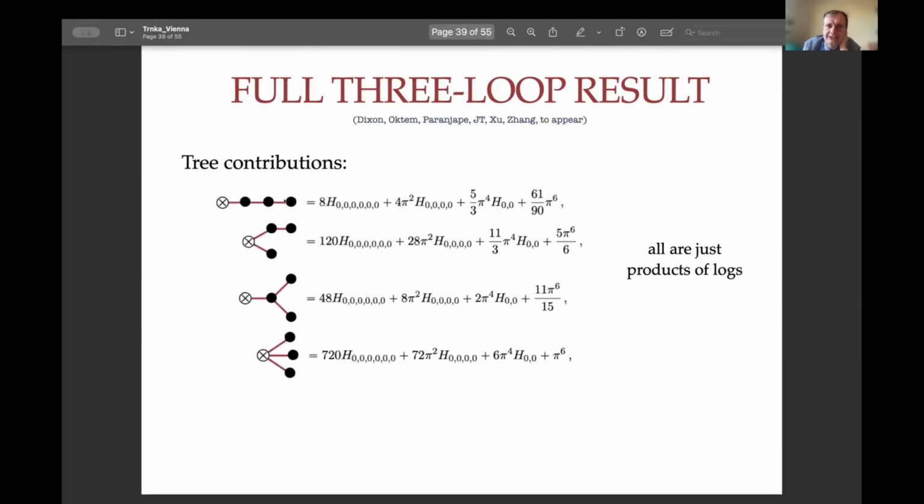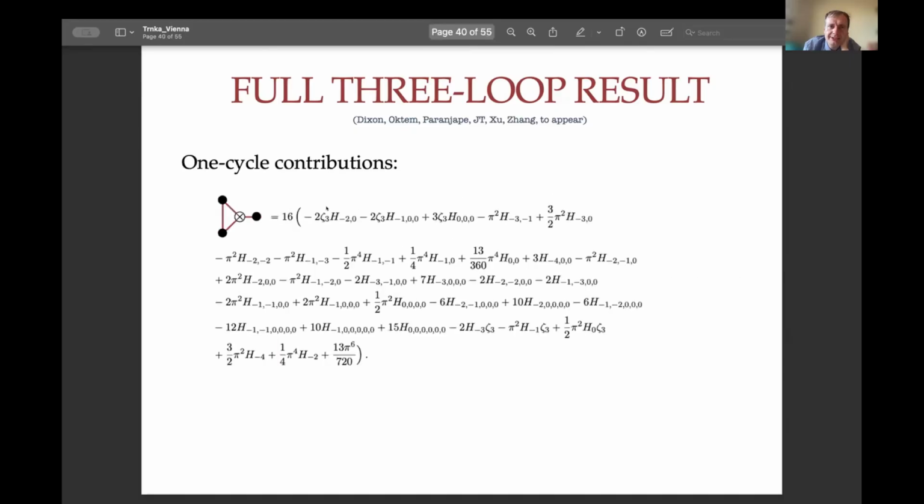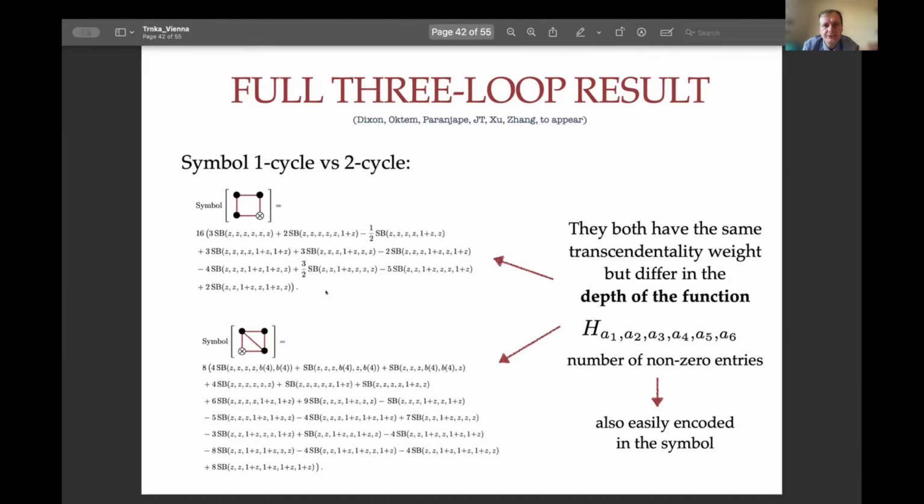If we have just the tree, then we have only zero arguments. If we look at one cycle, the depth grows by 2. If you look at the two-cycle, and this is also encoded in the symbol, the depth grows to 4. In the symbol, this is where I would have to go more into the details.